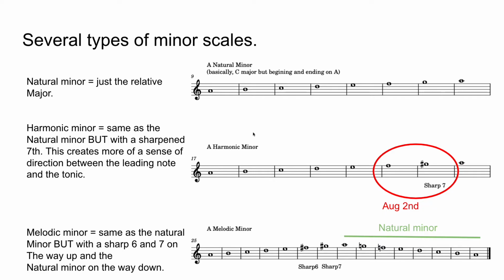So you might see some of the chords based around A harmonic minor and some of the melodic writing based around A melodic minor. And of course, these three types of minor scales are evident in all 12 minor keys. So in B flat minor, B minor, C minor, and so on and so forth.